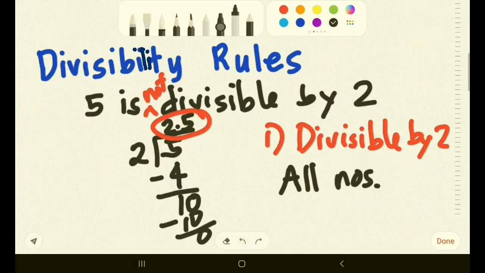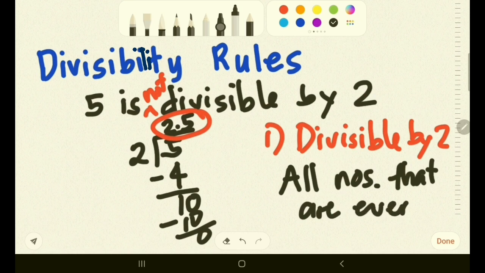Now, since our example here is about divisibility by 2, we'll have the rule in testing whether a number is divisible by 2. It's very simple. All numbers that are even, or in short, all even numbers, are divisible by 2.